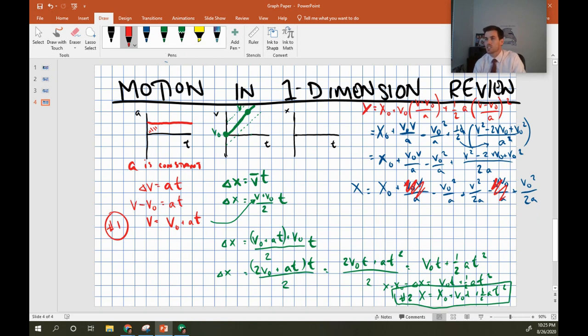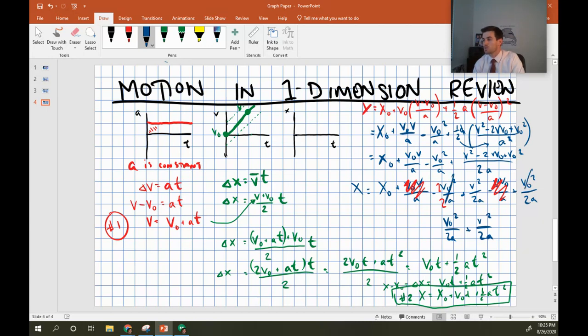So I'm going to rewrite this as minus 2v naught squared over 2a, which is mathematically the same thing. And that lets me simplify it a little bit because negative 2v naught squared over 2a plus v naught squared over 2a just becomes a negative v naught squared over 2a, plus v squared over 2a.